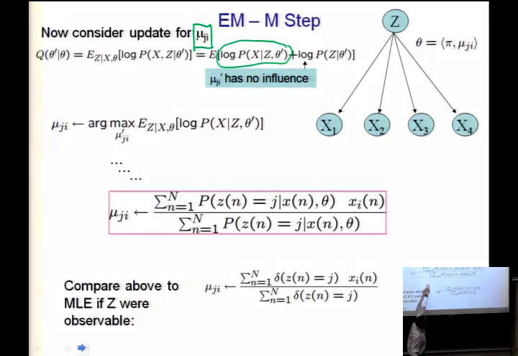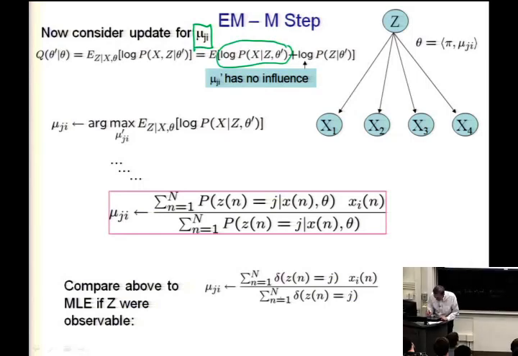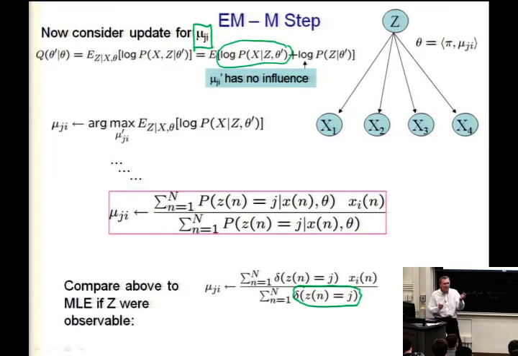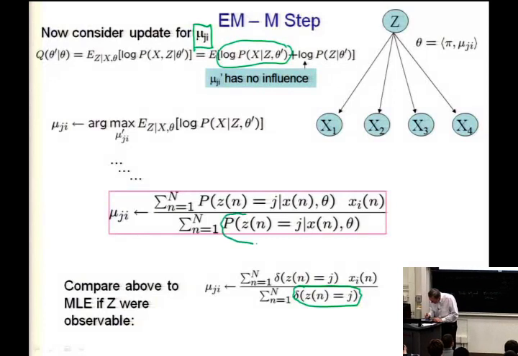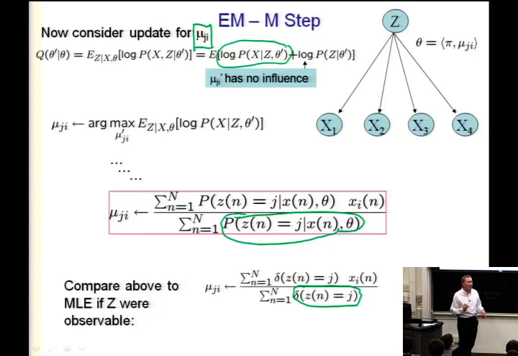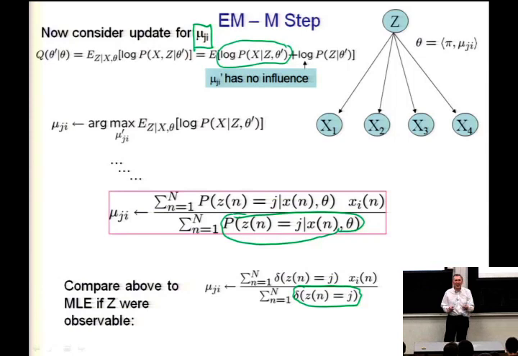But now that's been replaced by something more general in our EM version, because all these delta functions that say 1 or 0, does z take on the value j or not, are now just the probability that z takes on the value j. So the nice thing is this M-step update becomes the soft version of our old MLE estimates.